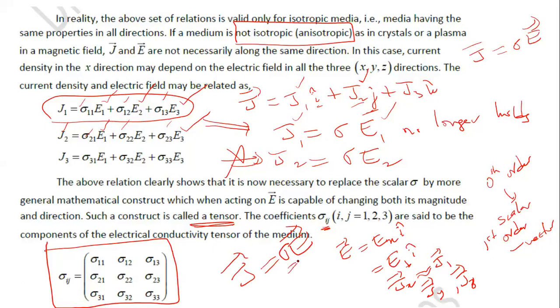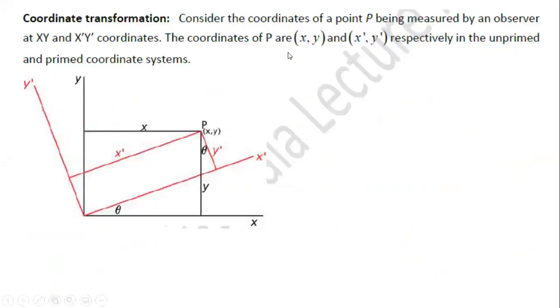This sigma, the conductivity, is now what we term a tensor, and we will continue our discussion along that line to represent such physical concepts using tensor mathematics. So tensor will be another way of representing a physical system or engineering system.